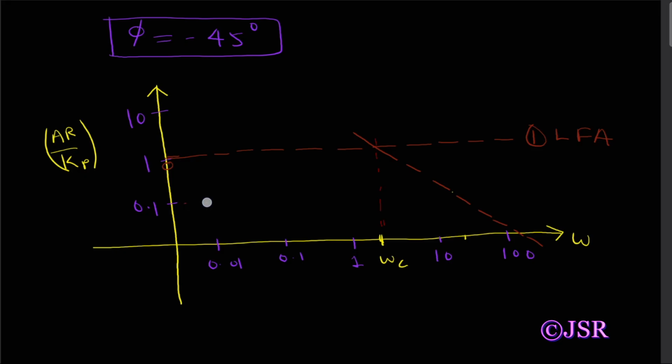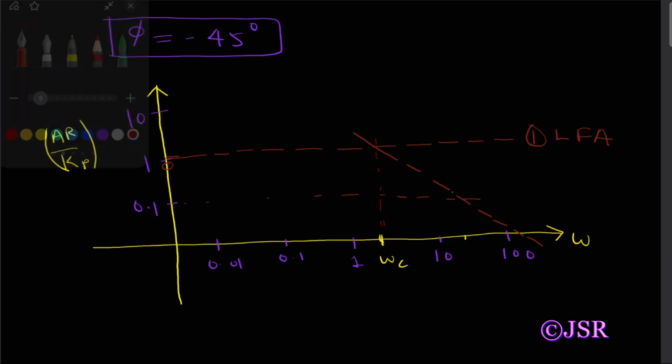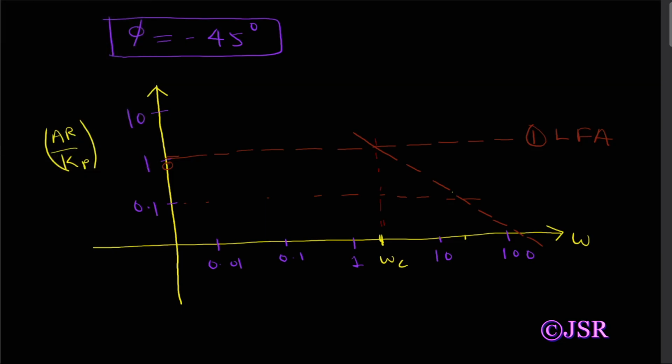So basically here we will have 1 by 1. So this will be 1 unit, and this will be 1 unit, right?